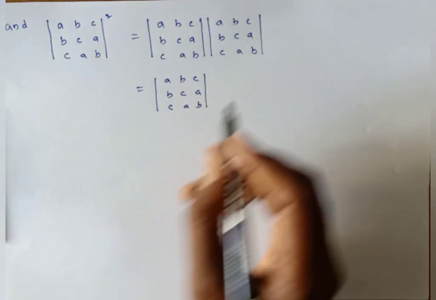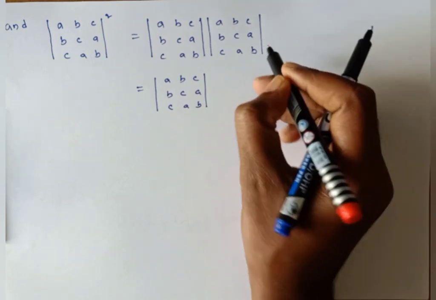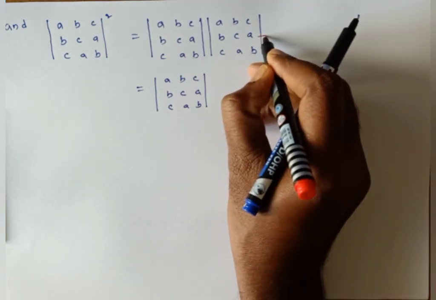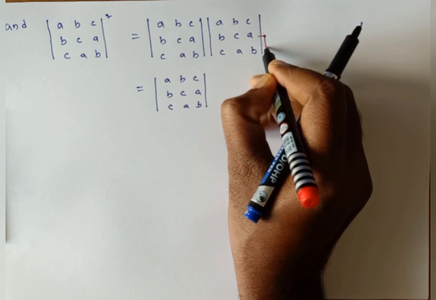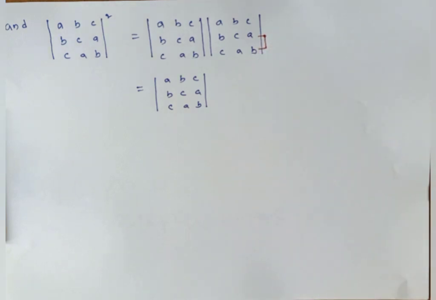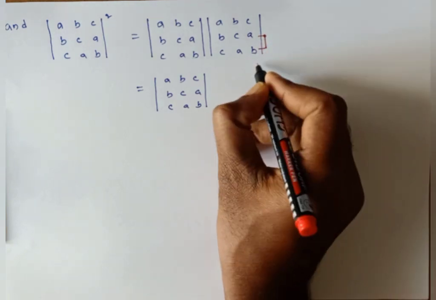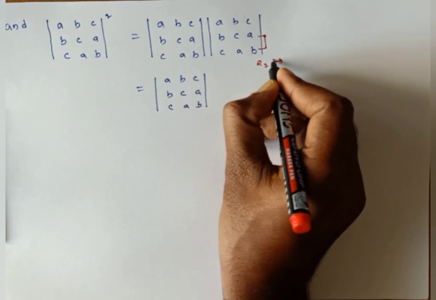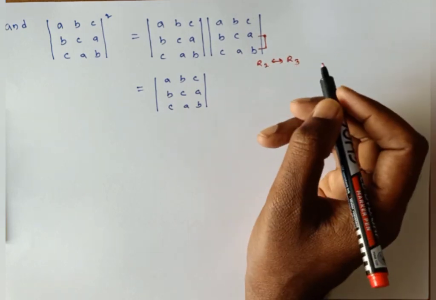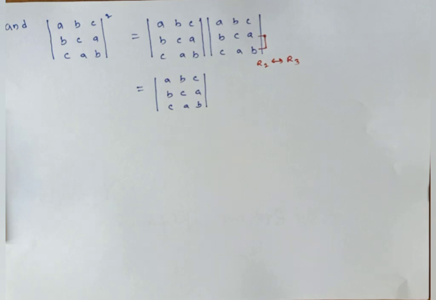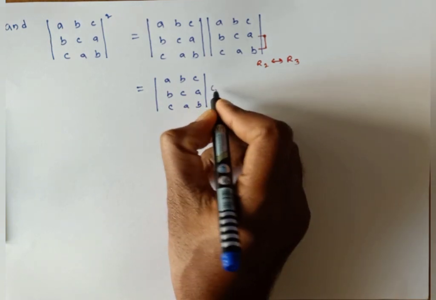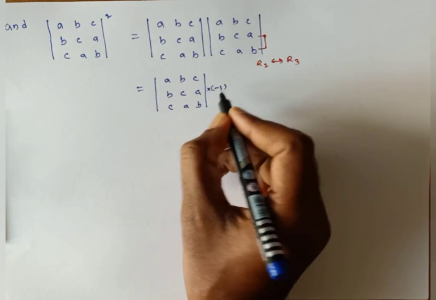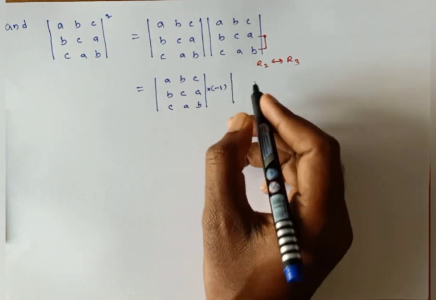So here I'm interchanging these two rows, by applying R2 interchanging with R3. Now if we interchange any two adjacent rows or columns, then the determinants differ by sign. So it is minus 1 into the determinant.